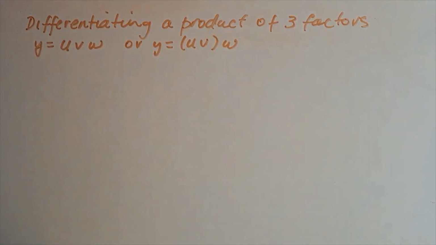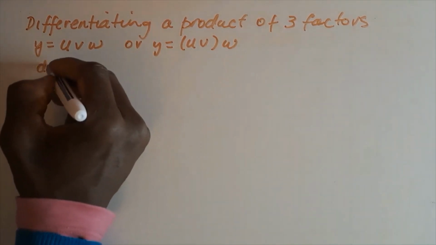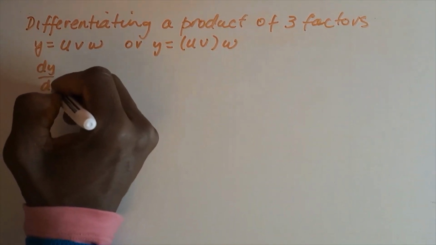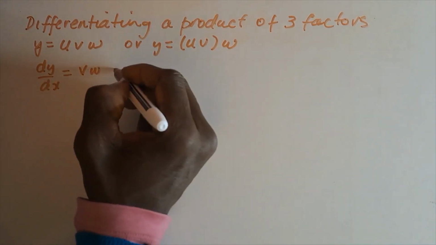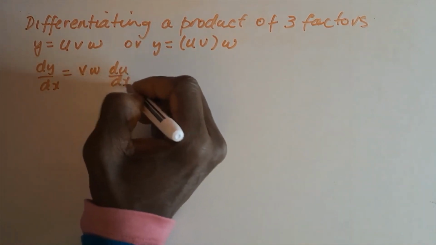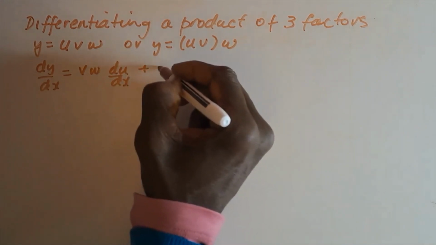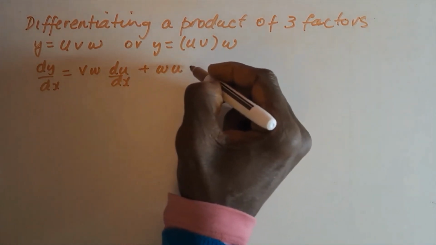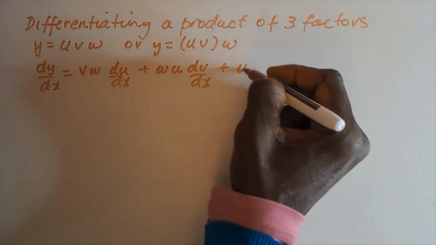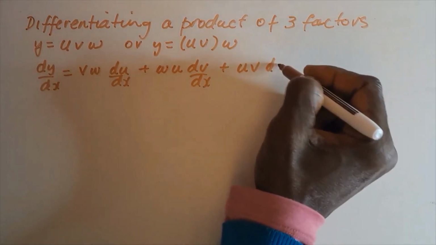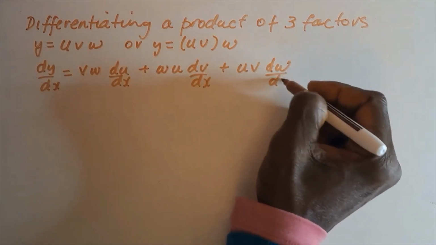So we have a product of 2 times w, and our derivative looks like this: vw du dx and wu dv dx and uv dw dx.